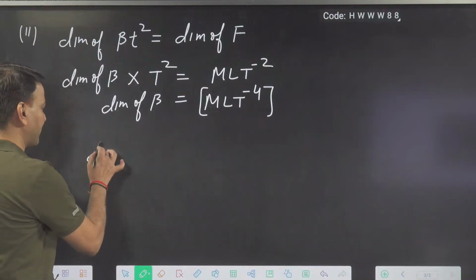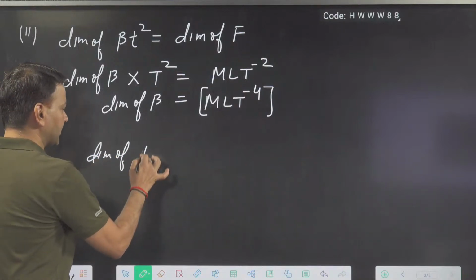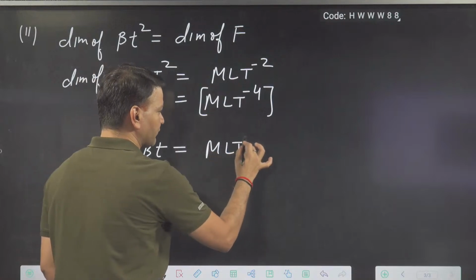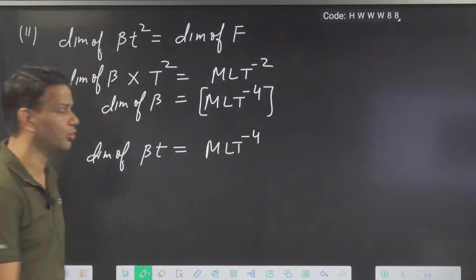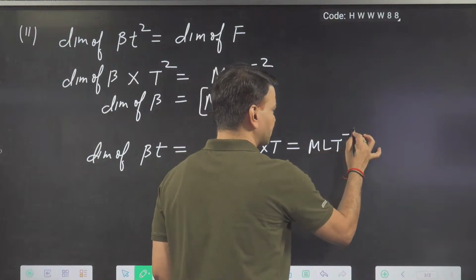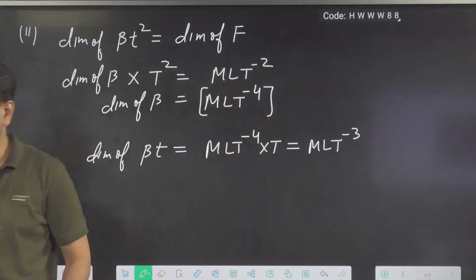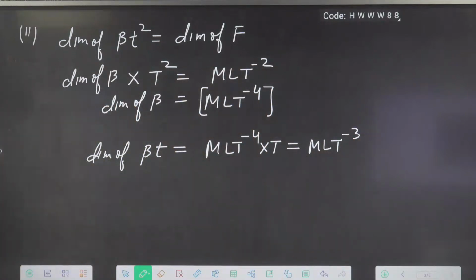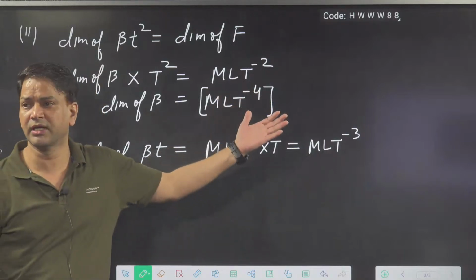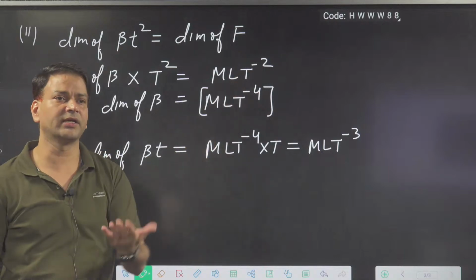The dimension of beta T is the dimension of beta, MLT minus 4, into T. Then I get MLT minus 3. Now this beta T becomes equal to alpha. Why? Alpha's dimension is MLT minus 3, and beta T's dimension is MLT minus 3. Now if I divide, it will be dimensionless.